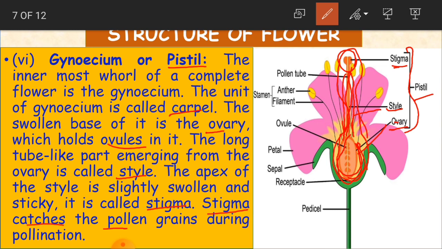Stigma catches the pollen grains during pollination. Where are the pollens? Here on the anther. So stigma is going to catch these pollen grains during pollination, children. So this is how reproduction takes place in the flower. Clear?